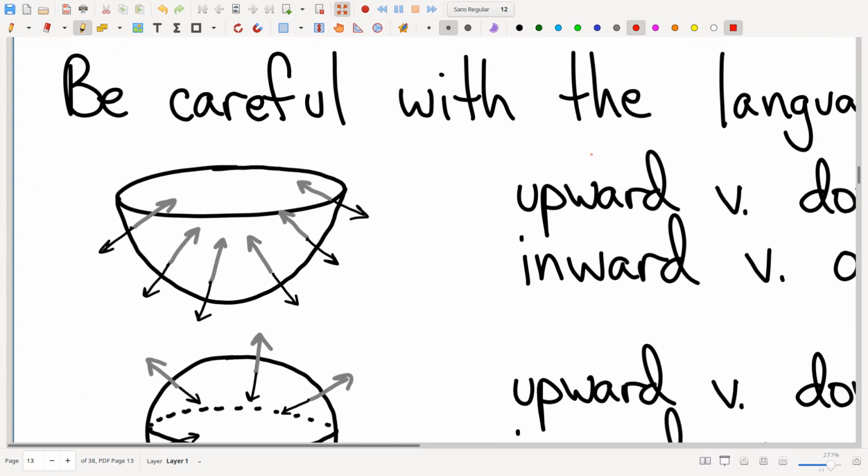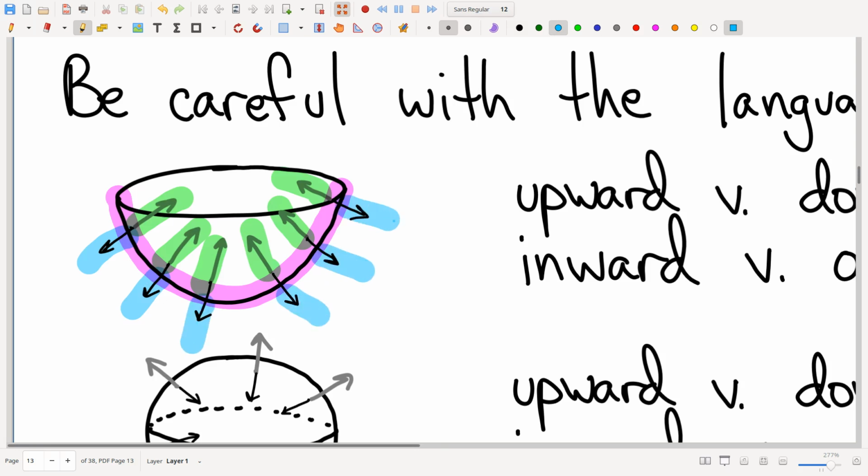Here's our paraboloid. And the two possible orientations are this one, which is what I'm calling upward, and this one, which I'm going to call the downward orientation.